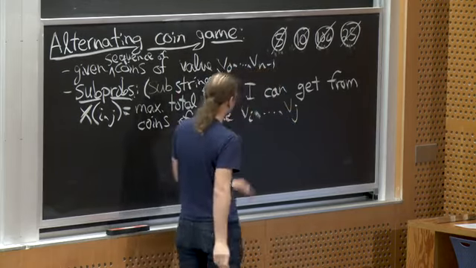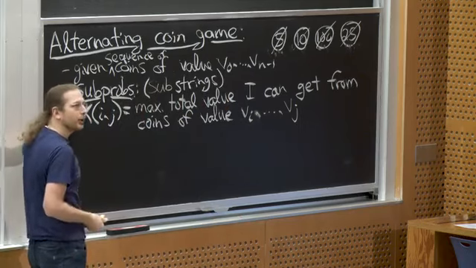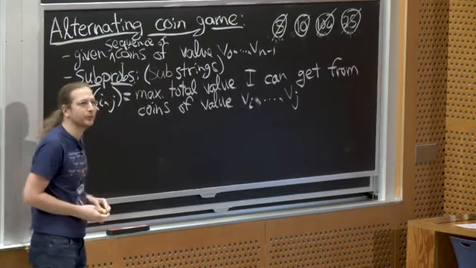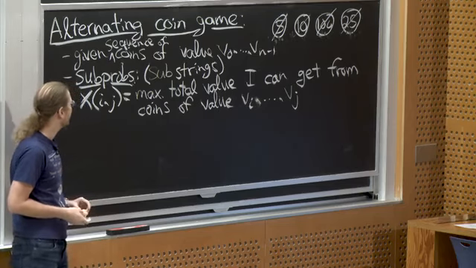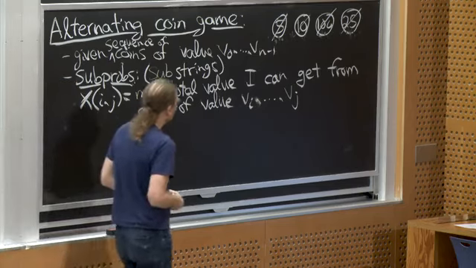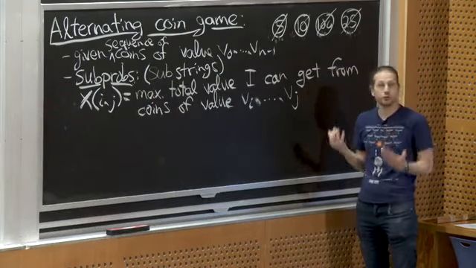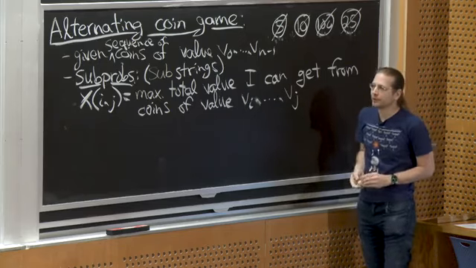So that's a substring. This is one way to write down the subproblems, and it's also a good way. You can write down a relation on this definition of subproblems. But I'm low on time. There's two ways to solve this problem. This is a reasonable way, exploiting that the game is zero-sum.